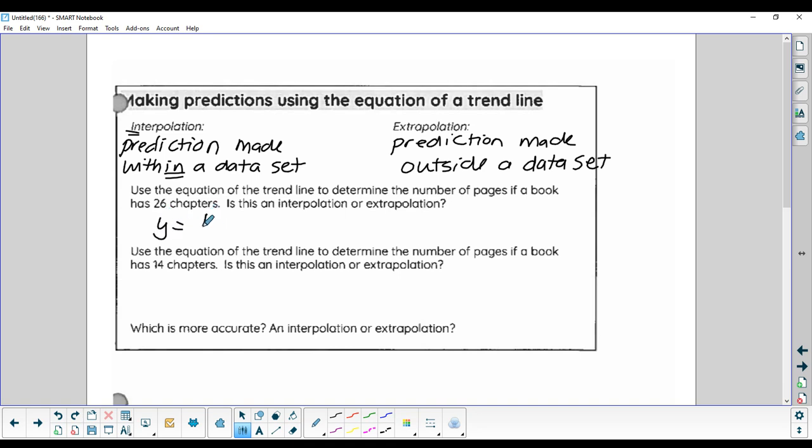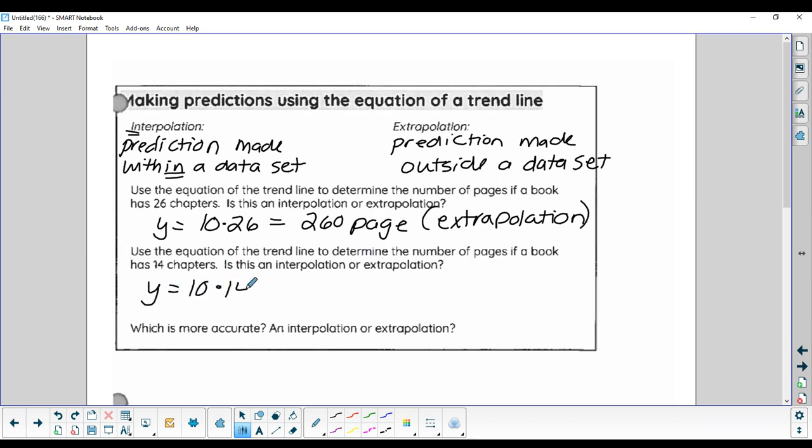So 10 pages per chapter times 26 chapters would be a 260-page book. This is an extrapolation, however, because 26 chapters was not inside our data set. However, 14 chapters is less than 20, so the prediction of 140 would be considered an interpolation.